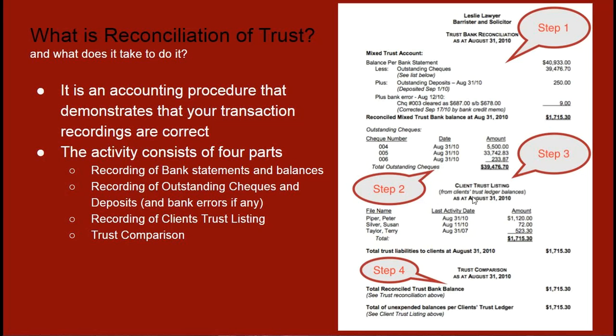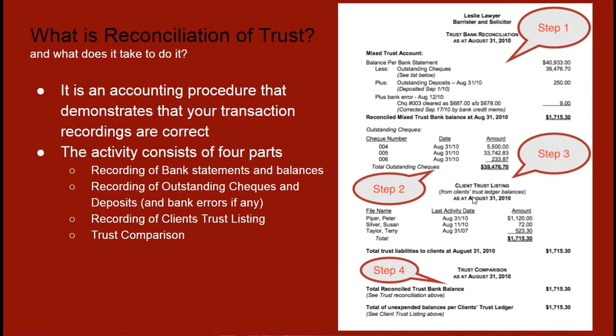Step 3, of course, is a very important difference between a trust reconciliation statement and a general reconciliation statement, which is the client's trust listing. So many clients have, of course, given you this retainer or money in advance for you to put into your trust account. This client's trust listing is a line-by-line item capturing each and every client of yours. Most importantly, the last activity date.